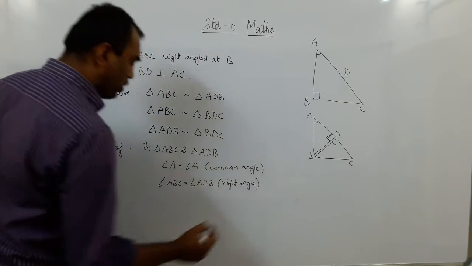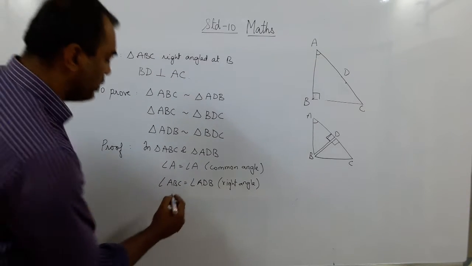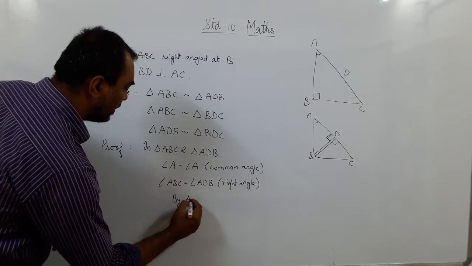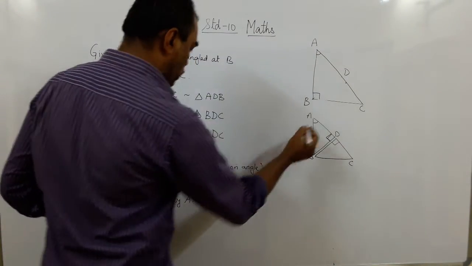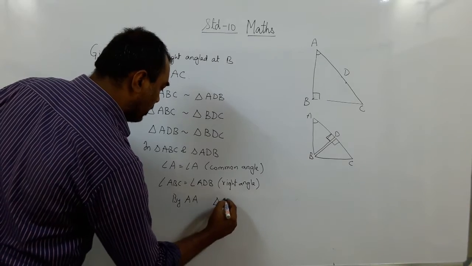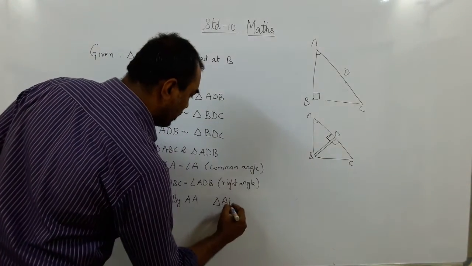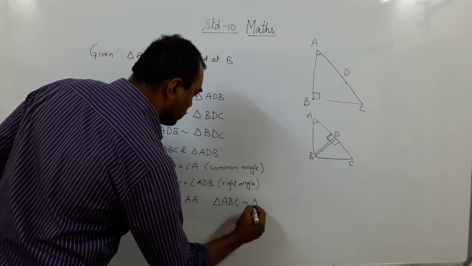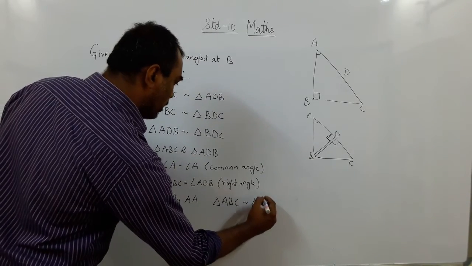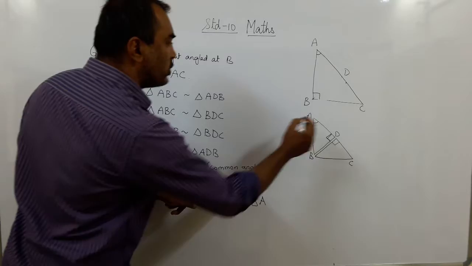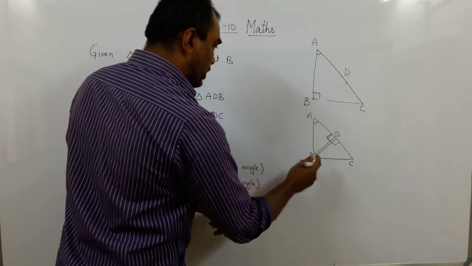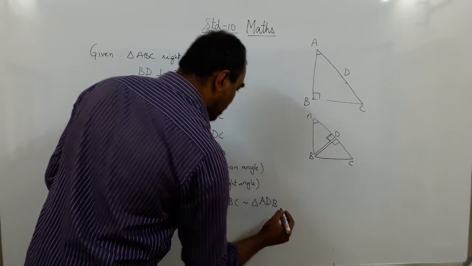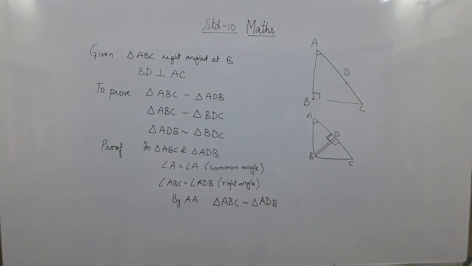And because we have got these two angles equal, by the famous AA similarity axiom, what have we got? A corresponds to A, the right angle B corresponds to D, and the third one in this is C, and the third one in this is B. So triangle ABC is similar to triangle ADB. This is the first step I have proved, that these two triangles are similar.